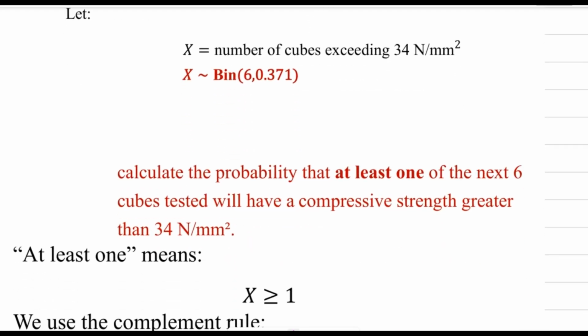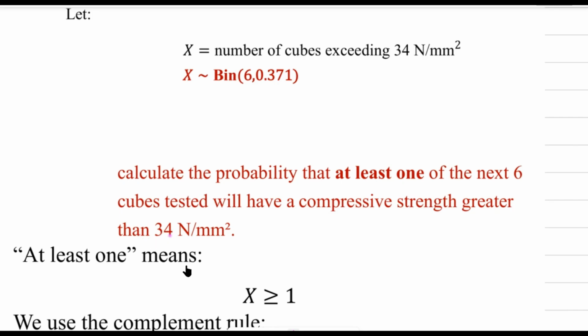How to calculate? But before we go to the calculation of the binomial distribution for 6 trials and the probability, we have to look at this phrase: at least one of the next 6 cubes tested will have a compressive strength greater than 34. So we need to calculate the binomial distribution for at least one. If we have 6 trials, at least one of them should be greater than 34. It might be the first trial, the second trial, might be both of them, might be three. So a lot of options here.